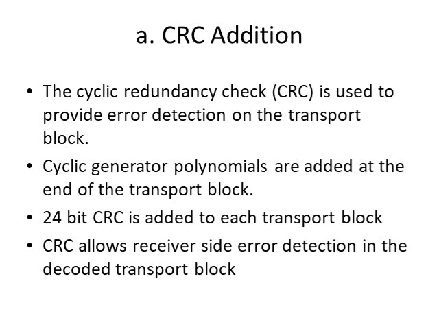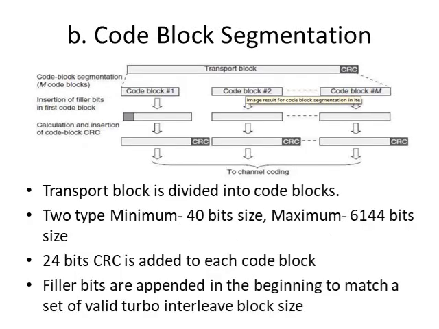The 24-bit CRC is added at the end of a transport block, and this CRC allows the receiver side to perform error detection in the decoding stage. CRC uses a generator polynomial, and as we have already mentioned, it's added at the end of the transport block.